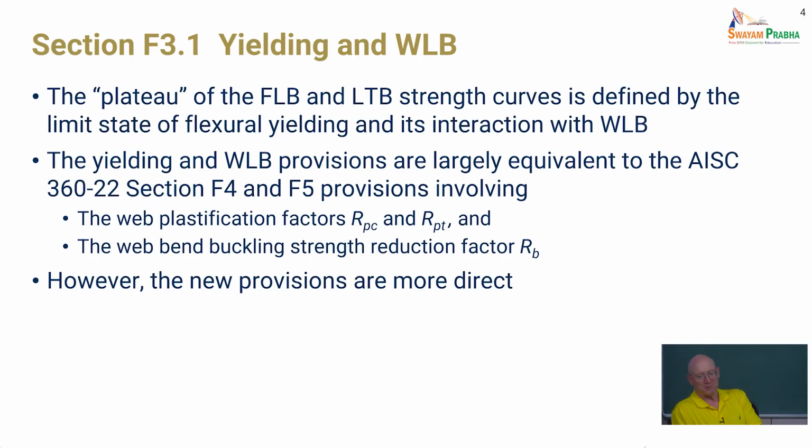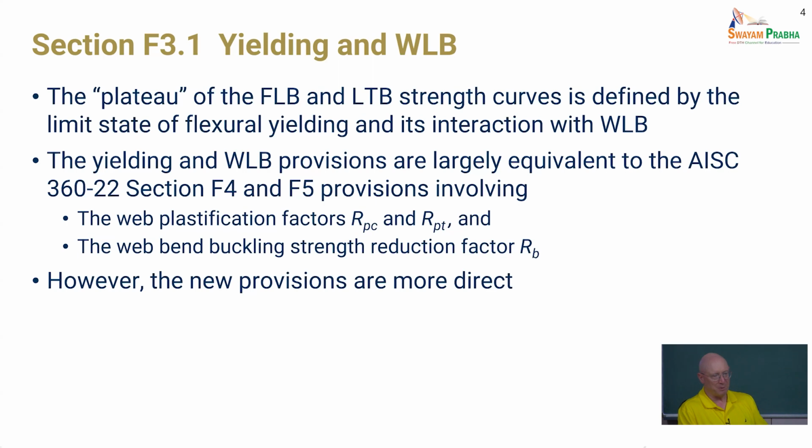The plateau is defined here by the yielding and web local buckling limit. And in large part, the provisions are equivalent to the AISC 360-22, the current specification, in sections F4 and F5, but everything's consolidated and there's some improvements here in the calculations. If you dig into the sections F4 and F5 at present, you see some reduction factors called RPC and RPT.